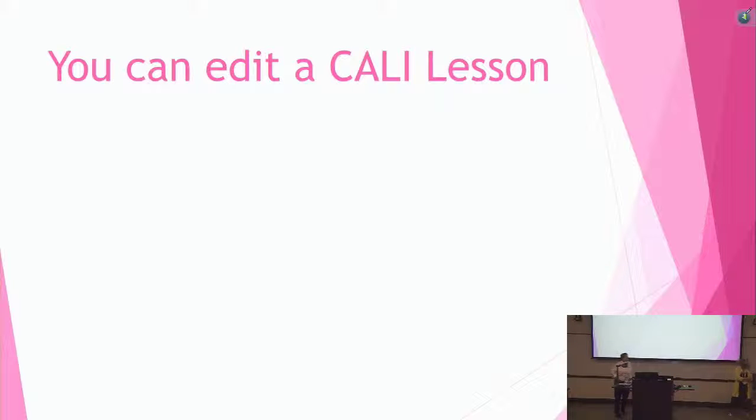The way to edit a screen is through our software, Cali Author, which yesterday Elmer and Sam introduced as our new web-based authoring software that will be coming out soon. But right now the way you do it is with our software called Cali Author.